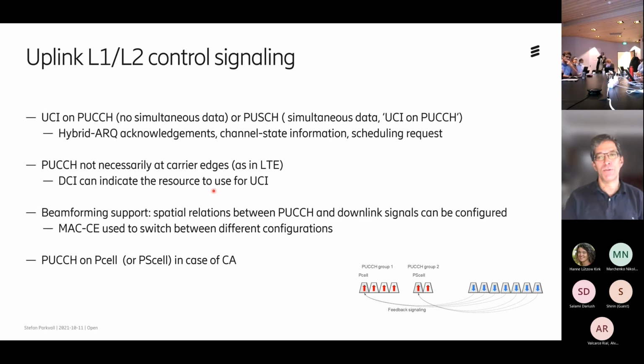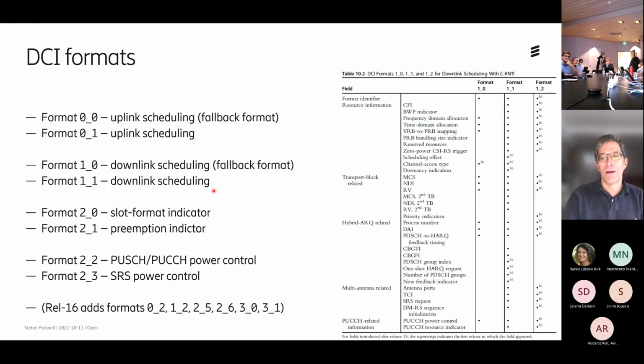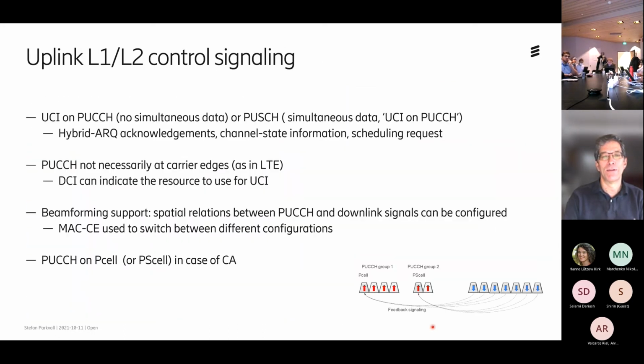So if I schedule the user or the device to receive some downlink data, as part of that downlink scheduling assignment, if you remember this table over here, I also have some PUCCH resource indicator, which basically is an indicator telling you where in the time frequency domain on the uplink I should put my acknowledgement. So one can say that the UCI is scheduled as well in conjunction when you schedule the downlink data.